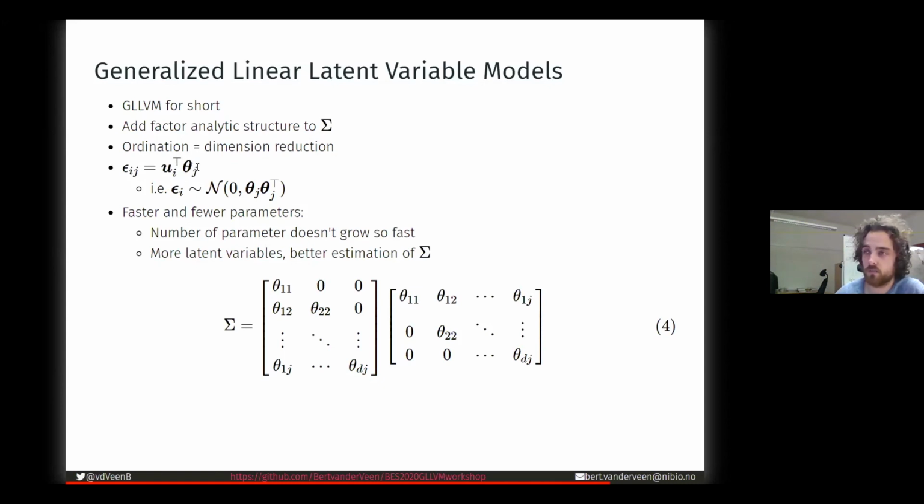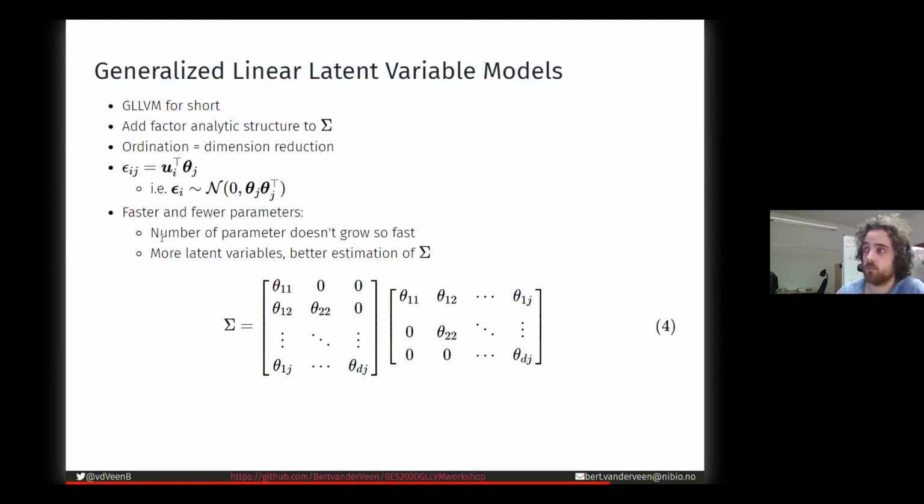And theta is a vector of species scores. So we're essentially assuming now that our residual per site follows a multivariate normal distribution where the covariance matrix is theta theta transpose. Benefit being this is a lot faster, and we have fewer parameters in the covariance matrix, then the number of parameters doesn't grow nearly as fast with the number of species.